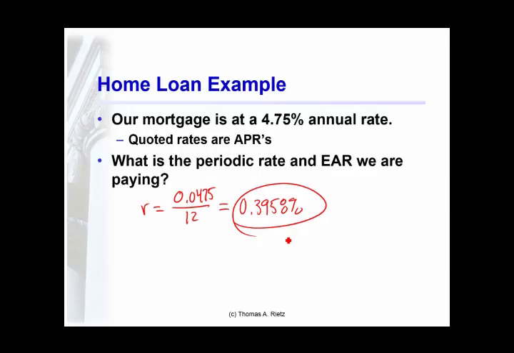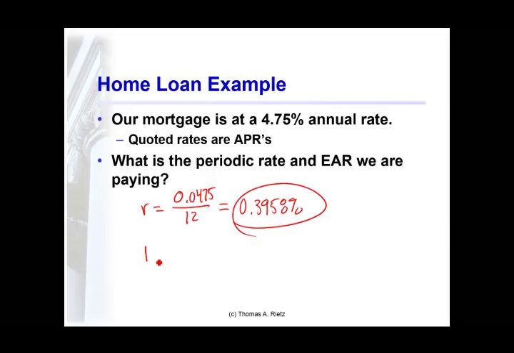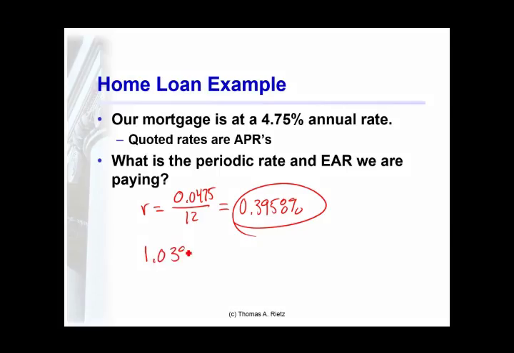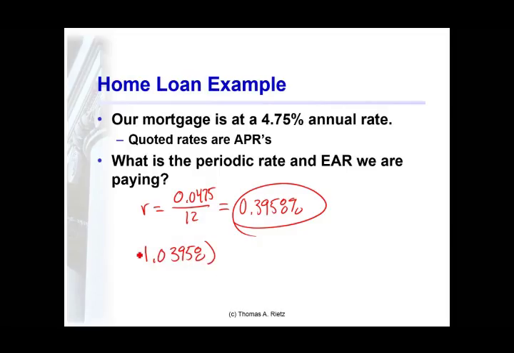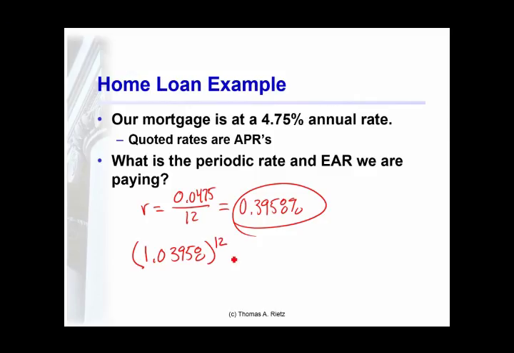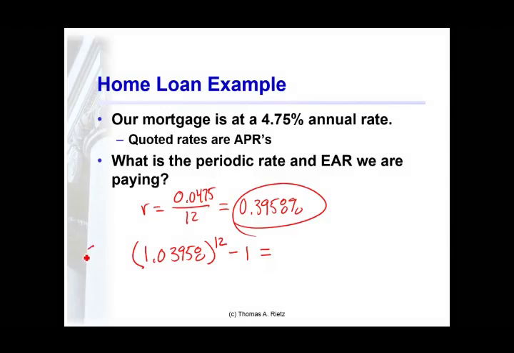If I want to figure out what the effective interest I'm paying over the loan over the course of a year is, accounting for compounding, what I need to do is compound this by the number of compounding periods in a year. Monthly payments, take to the 12th power, subtract 1, and I get the effective annual return.